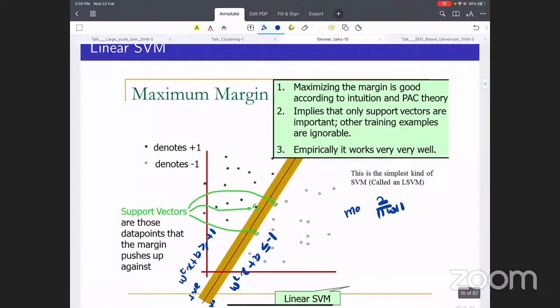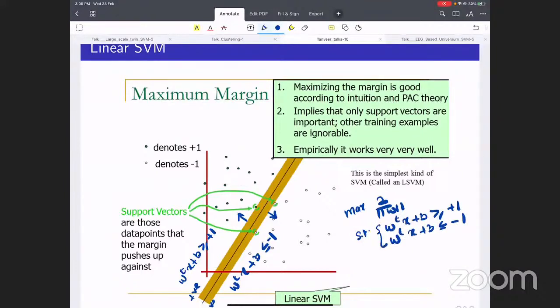So we are maximizing this margin subject to the condition, as I pointed out, that the data points should be below this and above this. It means that W transpose X plus B should be greater than or equal to 1 for the +1 class, and below -1 for the -1 class.